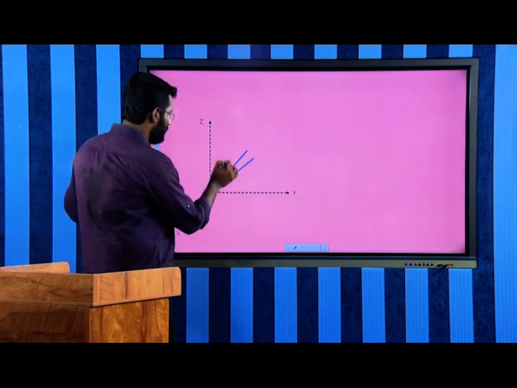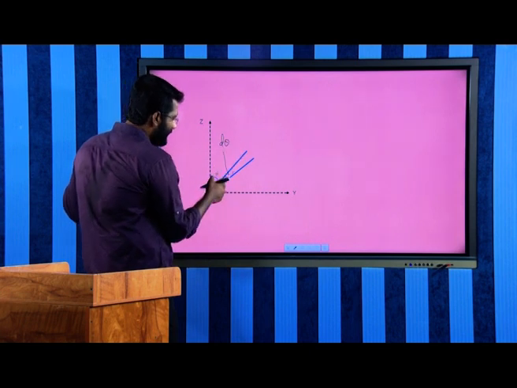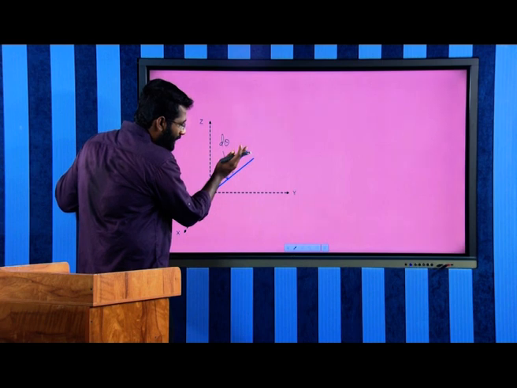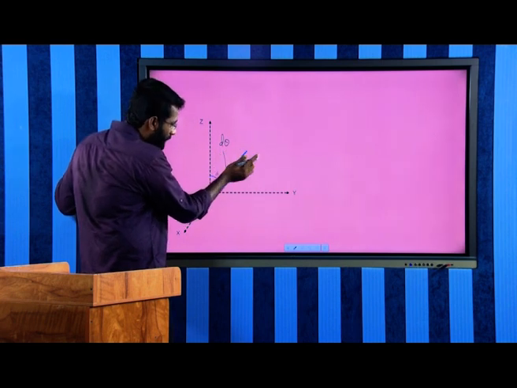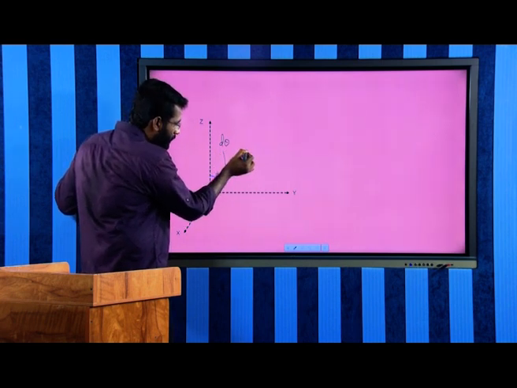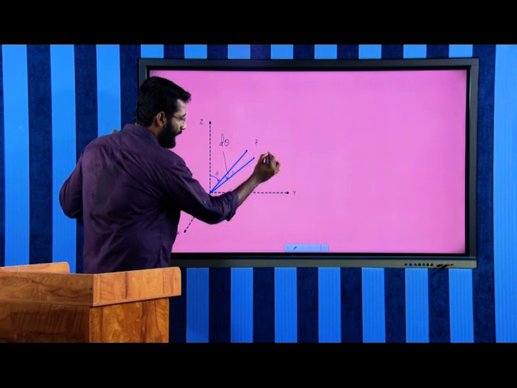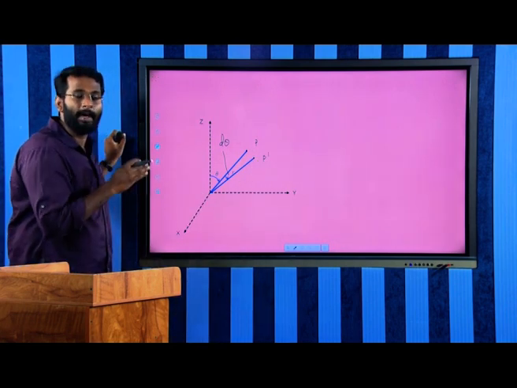So, this angle is d theta, and that change corresponds to a rotation of r. First our point P was here, and the point is shifted from P to P dash.